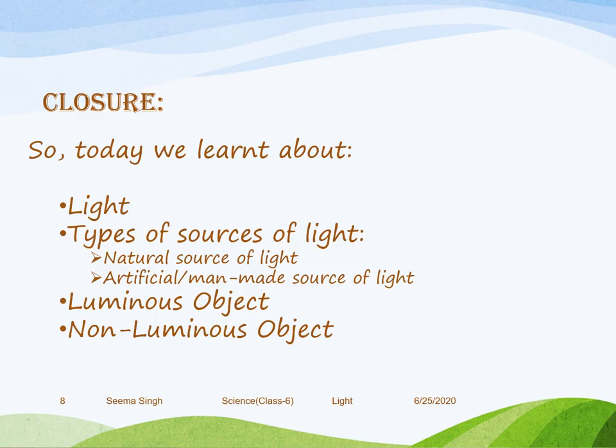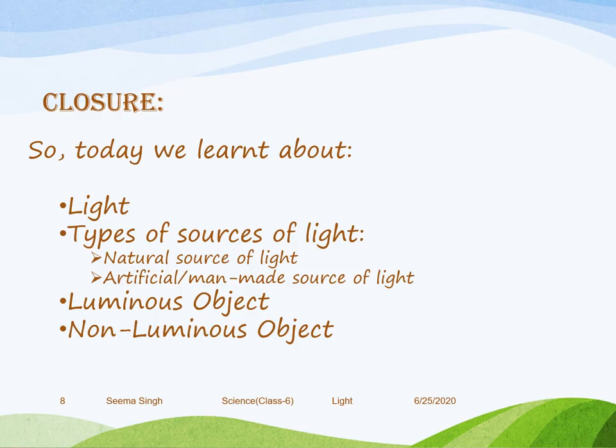So, we also today learnt about luminous objects. What is a luminous object? The objects that emit light of their own are termed luminous objects. We have seen bulb, candle, tube light, sun. These are all luminous objects. And what are non-luminous objects?